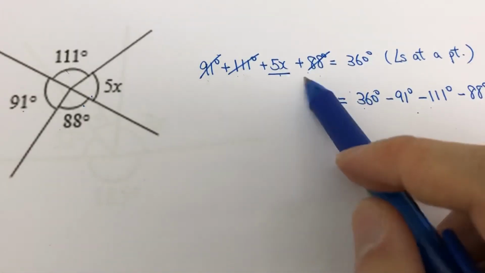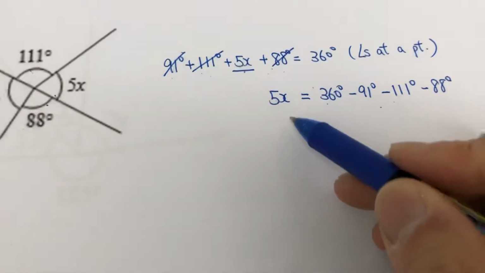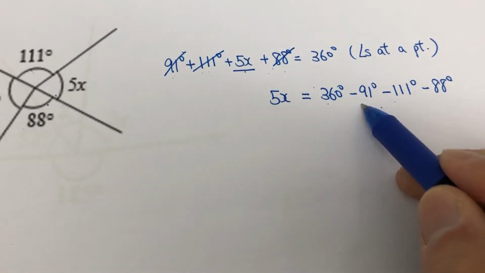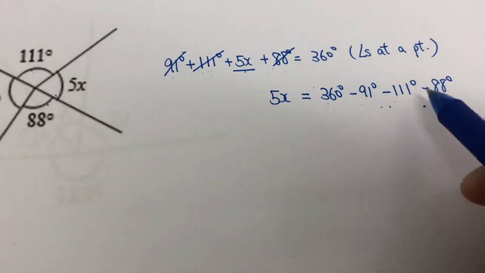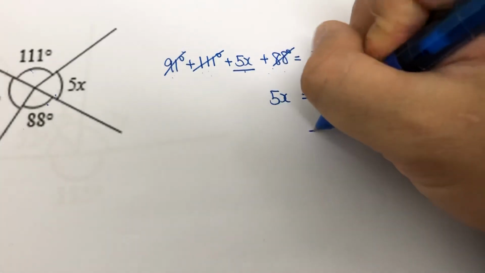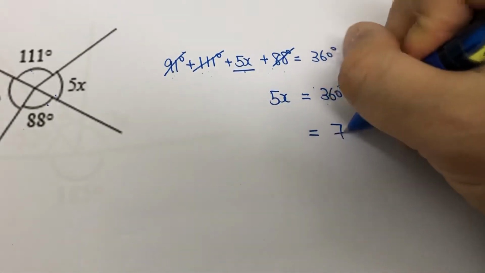So for the left hand side, we've got only 5x left behind. And 5x equal to 360 minus 91 minus 111 and minus 88. Please use a calculator, it becomes 70 degrees.